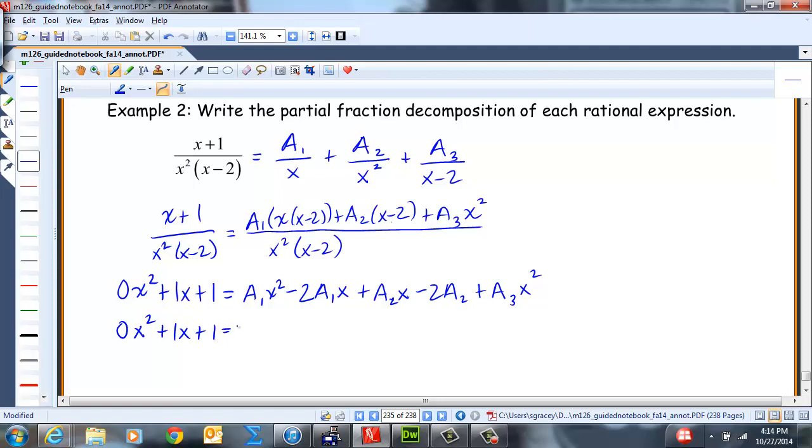So factoring, the squared terms were a1 plus a3. And then negative 2a1 plus a2 are the coefficients to the x's, and then there's only one constant this time, so we'll have plus negative 2a2.